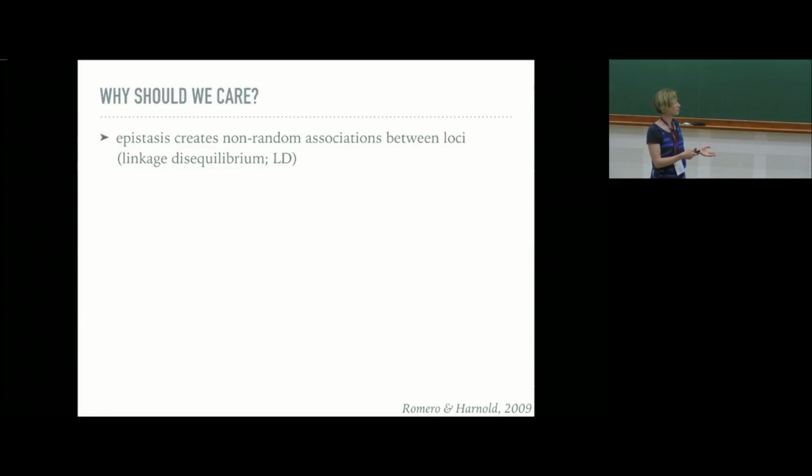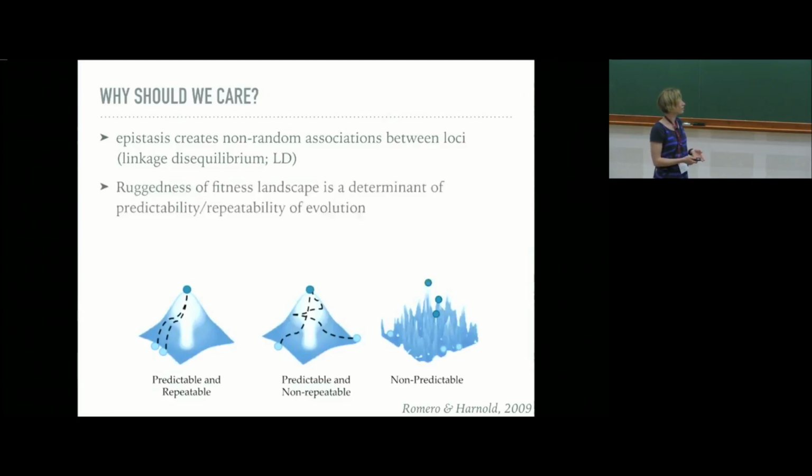But that's a relatively specific thing. Epistasis also describes how rugged a fitness landscape might be. Here's another picture of different fitness landscapes, and depending on the amount of epistasis, there is information on how predictable or repeatable evolution is.